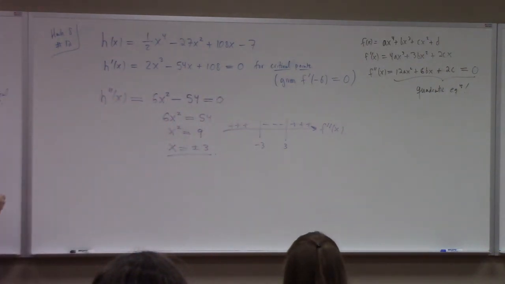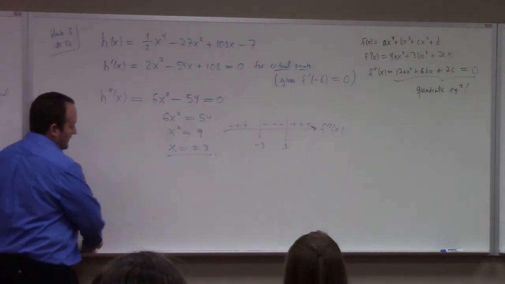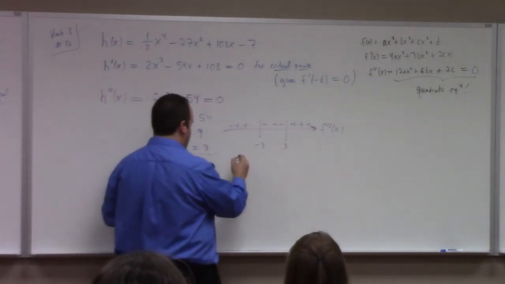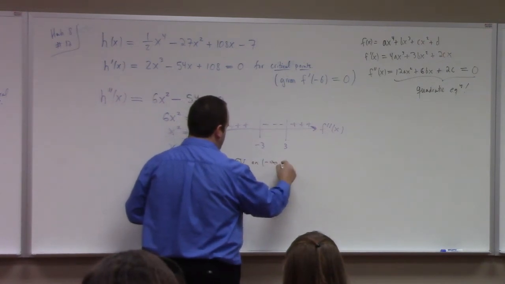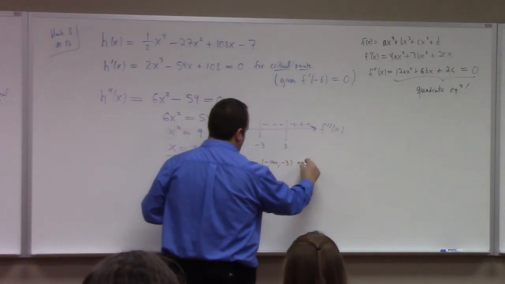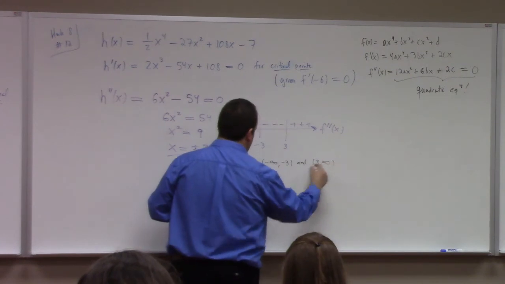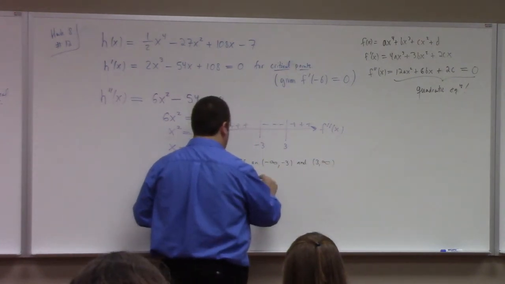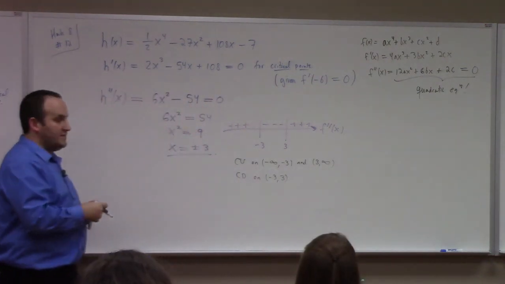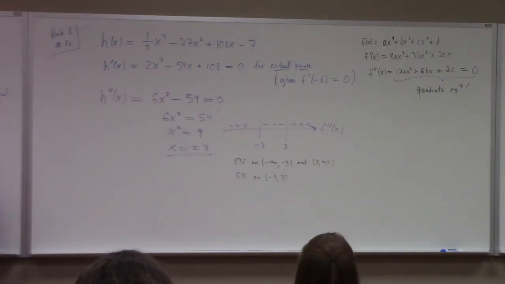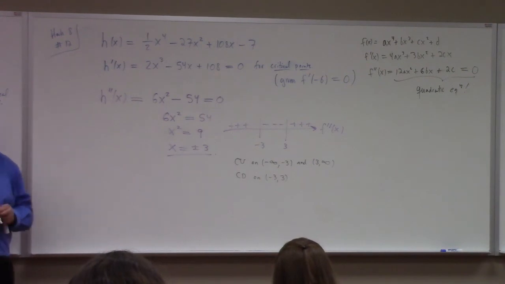So this function is concave up on minus infinity to minus 3 and 3 to infinity. It's concave down on minus 3 to 3. There are two inflection points, right? There's an inflection point at minus 3. There's an inflection point at 3.